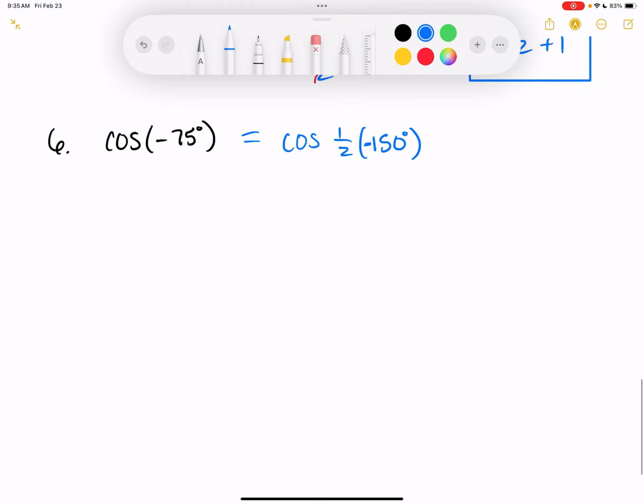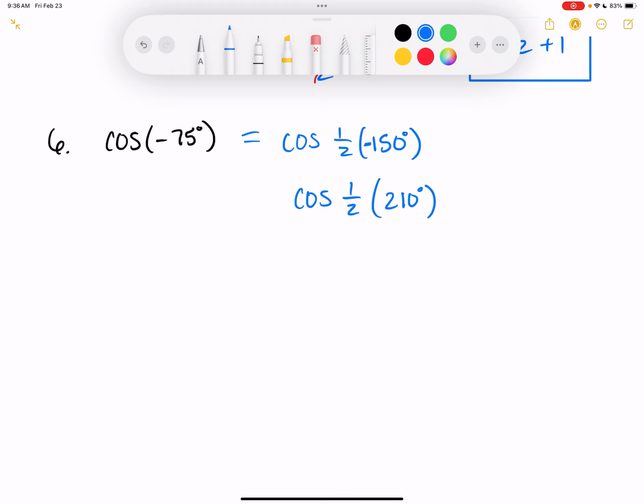Now, we can't do it for negative 150, so I need to treat this as a positive. How would I find a positive angle that's equivalent to this? Add 360. So we're going to do this as the cosine of half of 210. Okay, so we found its coterminal angle.